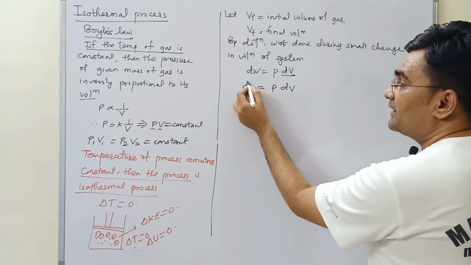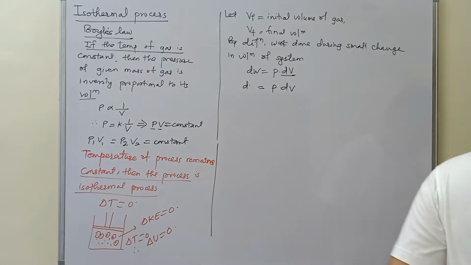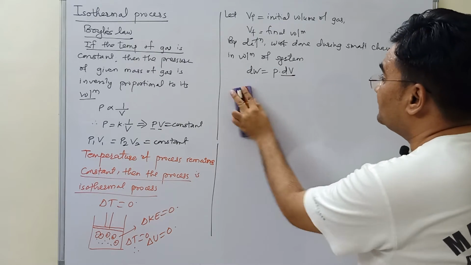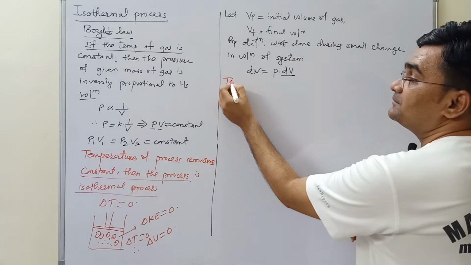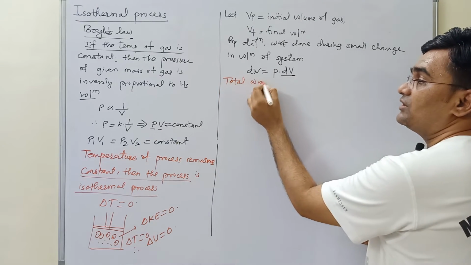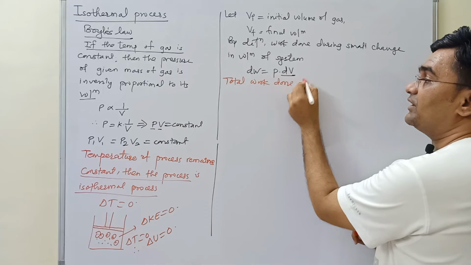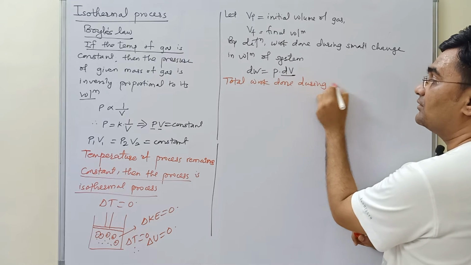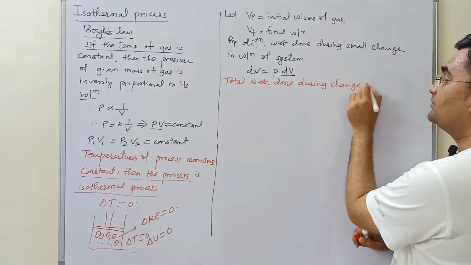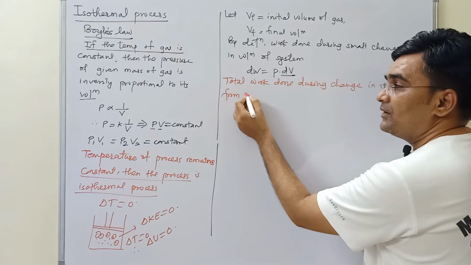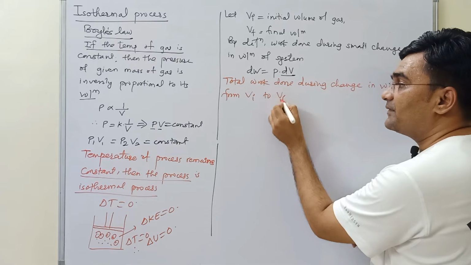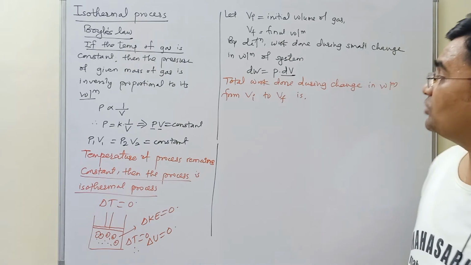dV, if I consider, then if I want to find out the total work done from the change in the volume, the total work done during change in volume from Vi to Vf, how to find it?